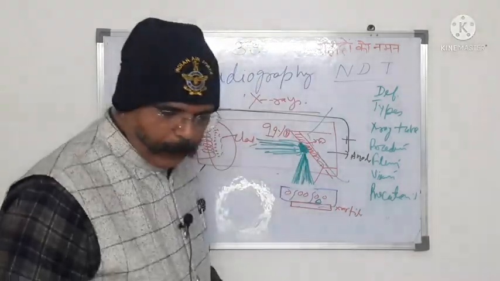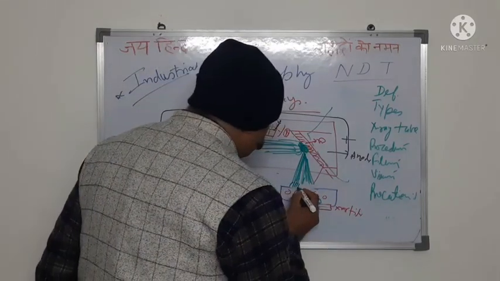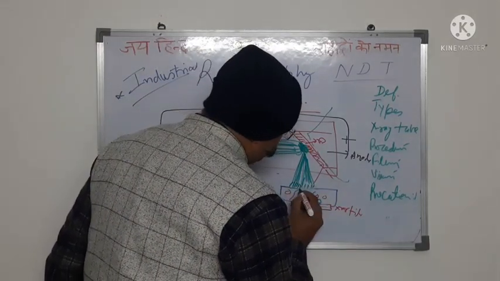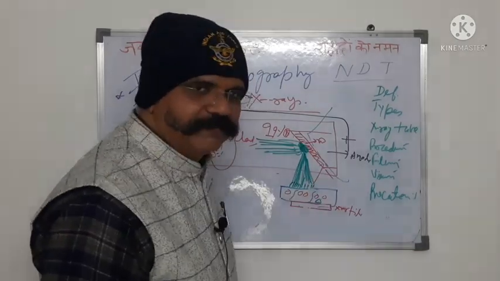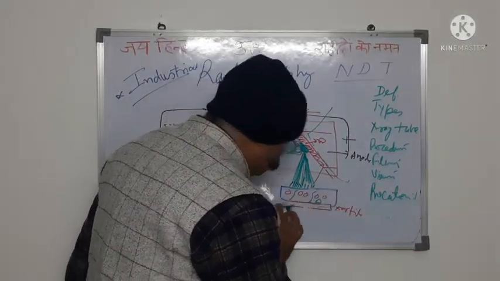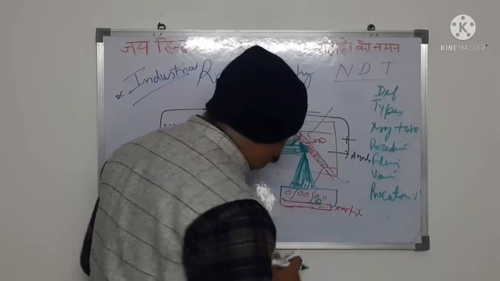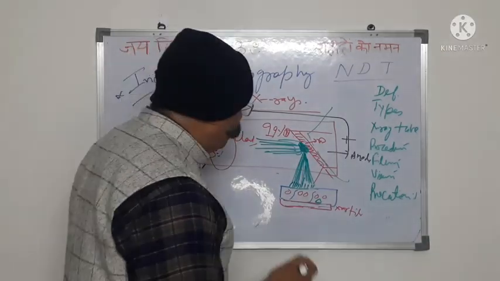What will happen? Once these X-rays fall over this metal piece, let it come up to here. This is the X-ray film. This metal piece, what will happen?